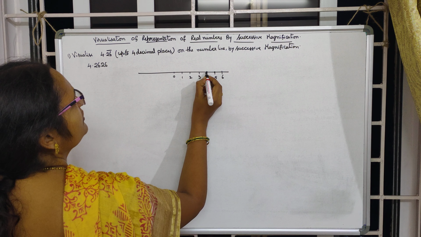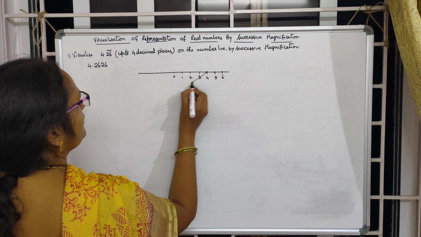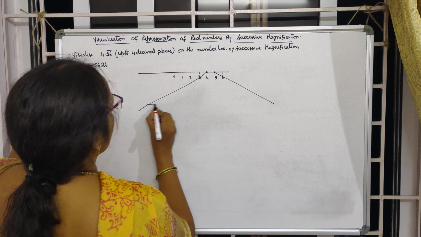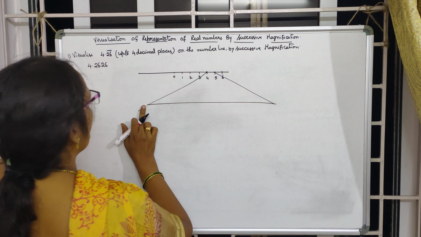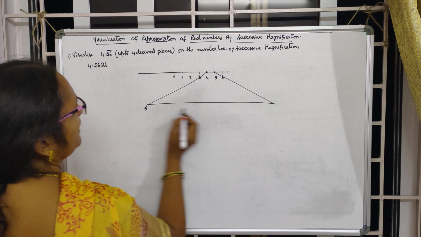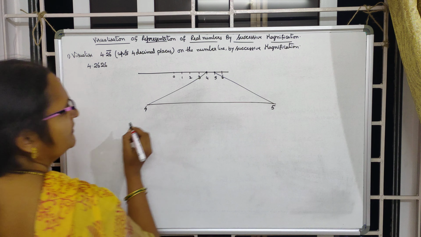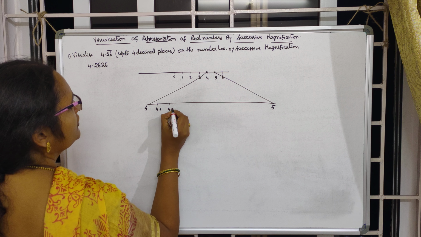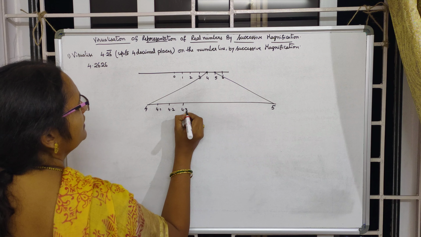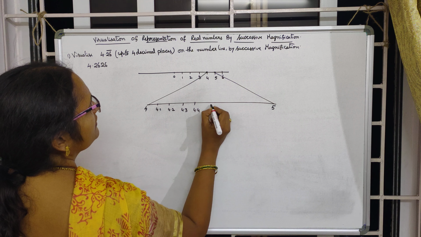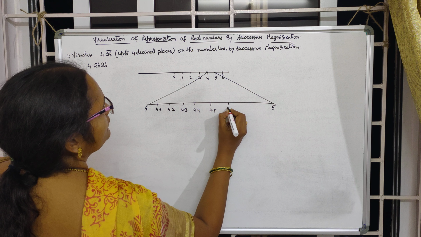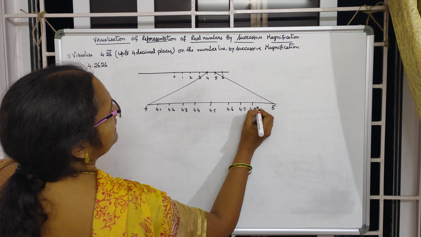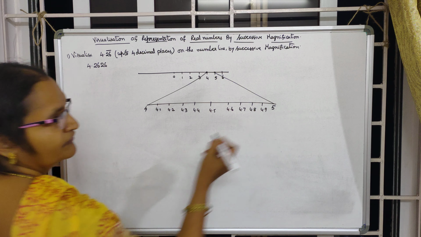So what we are going to do, here another number line I am drawing. Here it should be 4 and here it should be 5. In between 4 and 5 what will be? Here 4.1, this is 4.2, this is 4.3, this is 4.4, this is 4.5, this is 4.6, this is 4.7, 4.8, 4.9 and 5.